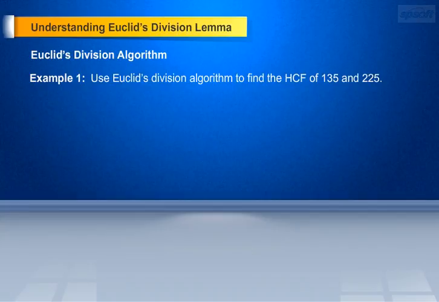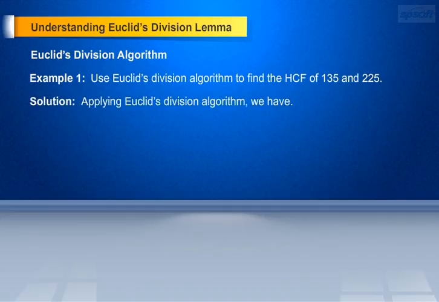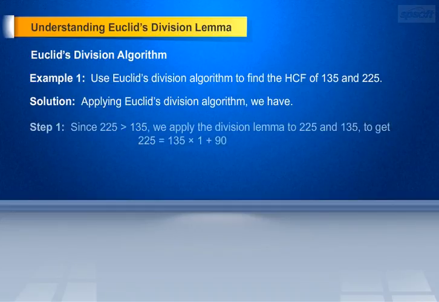Example 1. Use Euclid's division algorithm to find the HCF of 135 and 225. Solution. By applying Euclid's division algorithm, we have: Step 1.